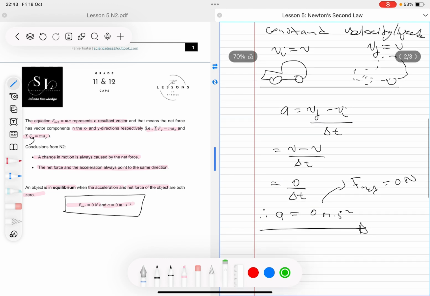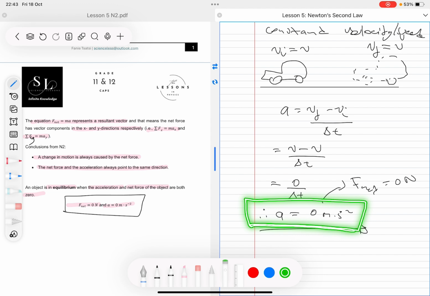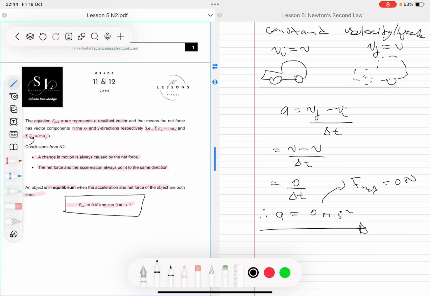And when we did the conclusions from our previous lesson, we said moving at a constant speed means that the acceleration is 0, and that means also that the net force is 0. So if an object moves at a constant speed or velocity, it means it is in equilibrium, because both the net force and the acceleration are 0.